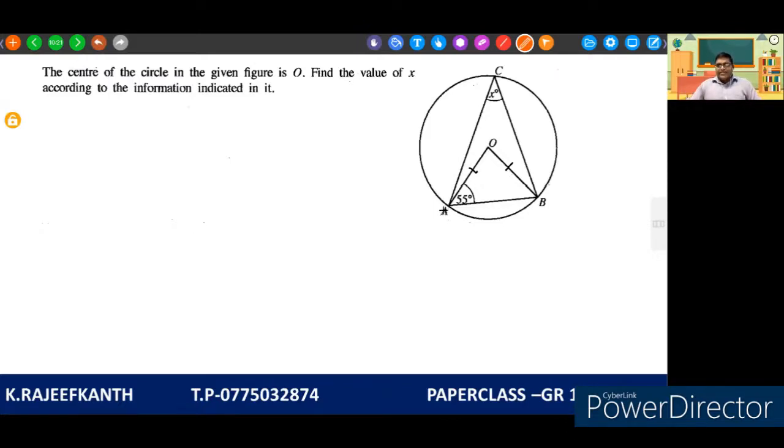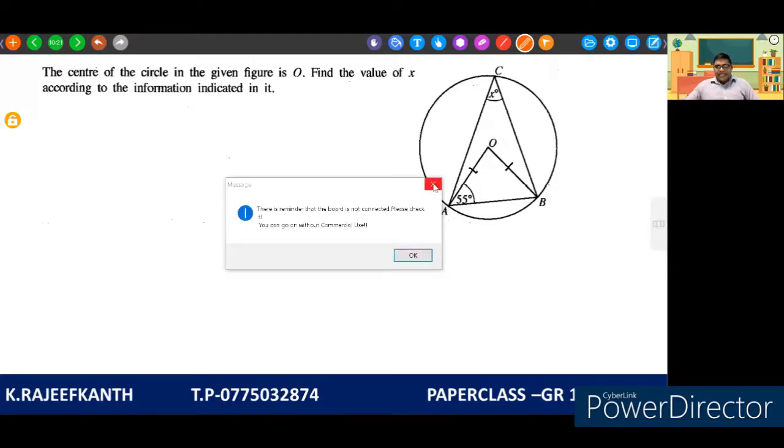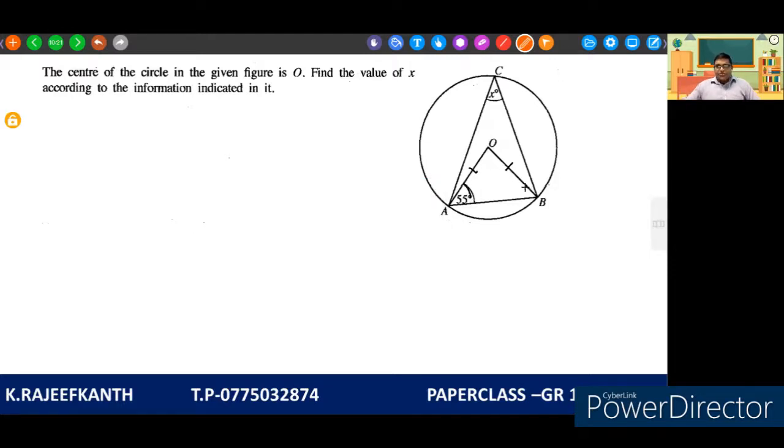Now we know triangle AOB is an isosceles triangle, because these two sides are equal, so the opposite angles should be equal. So we can mark this one as 55, because opposite angles of equal sides are equal. And this angle is also 55.